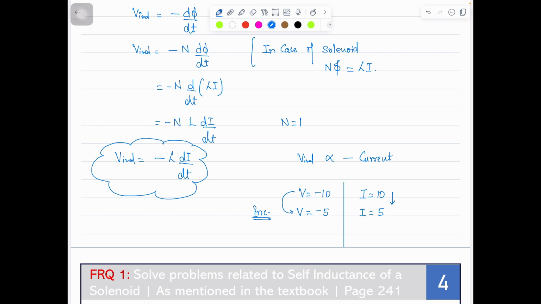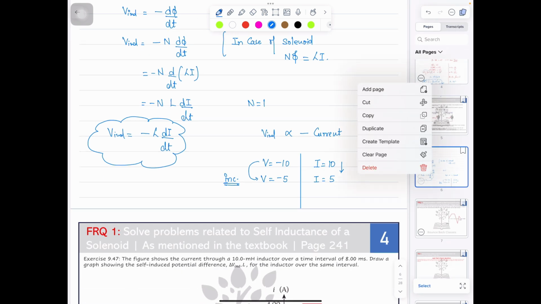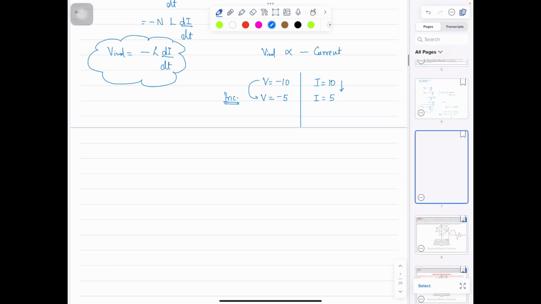I will add one more page for you so that you can understand this. Guys, this is very, very important to understand. V and I, you need to focus on this value. 10 and 10, can I say both are equal? I said 7 and 10. Who is greater? Can I say 10 is greater? Now just change the sign. Negative 7, negative 10.